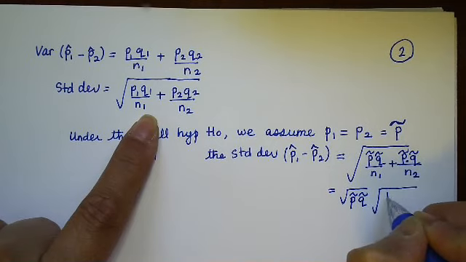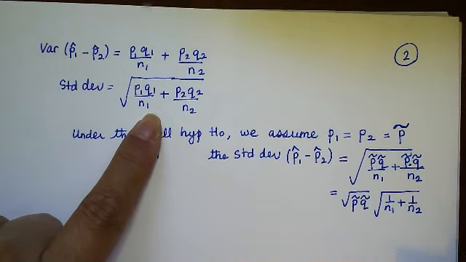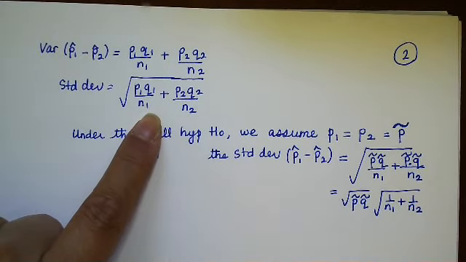The P tilde and Q tilde are common, so let's pull them out. Equals the square root of P tilde Q tilde times the square root of 1 over N1 plus 1 over N2.